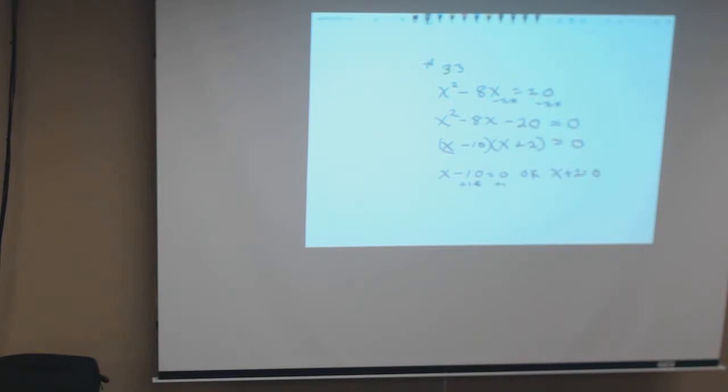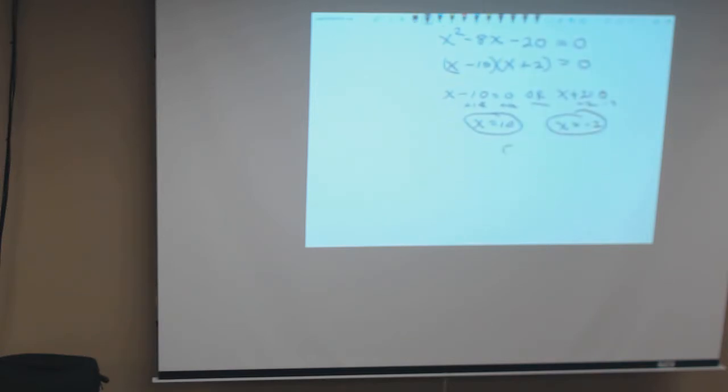This would be x equals 10, or minus 2, x equals negative 2. Or the cute way to write it is the solution is 10 and negative 2. And probably the answer key would say negative 2 and 10, just to put them in order the way they appear in real life in the numeral system.